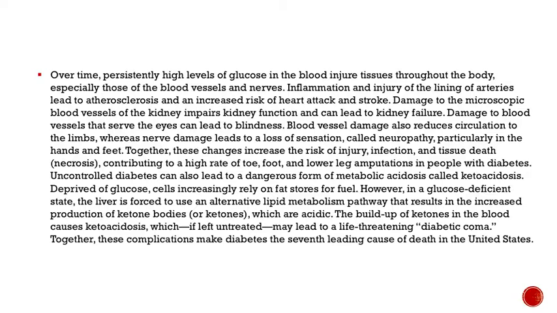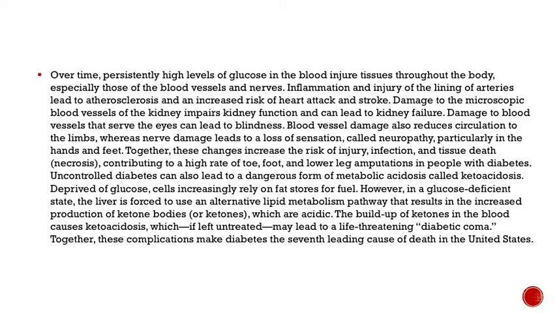Damage to blood vessels that serve the eyes can lead to blindness. Blood vessel damage also reduces circulation to the limbs, whereas nerve damage leads to loss of sensation, called neuropathy, particularly in the hands and feet. Together, these changes increase the risk of injury, infection, and tissue death, that is, necrosis, contributing to a high rate of toe, foot, and lower leg amputations in people with diabetes.